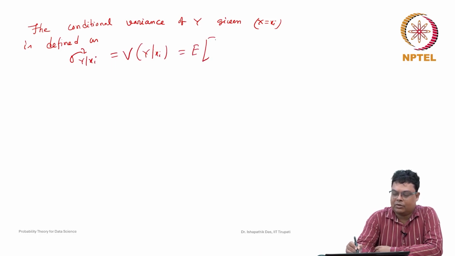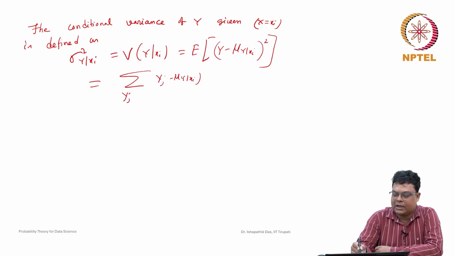It is the expected value of (Y minus mu_{Y|xi}), which we have already defined, whole square. It can be represented as the summation over all possible values of yj of (yj minus mu_{Y|xi}) whole square multiplied by the conditional probability mass function p(yj | xi).